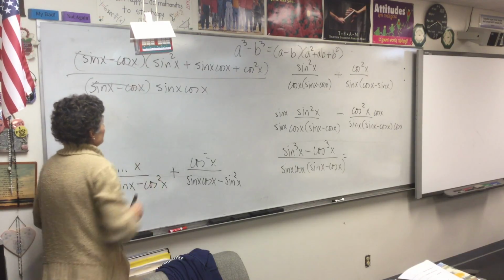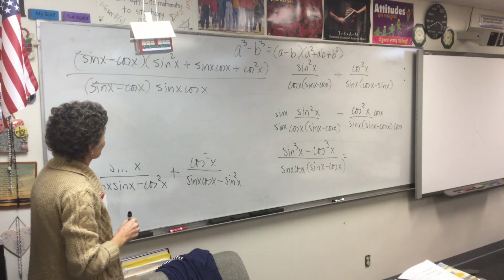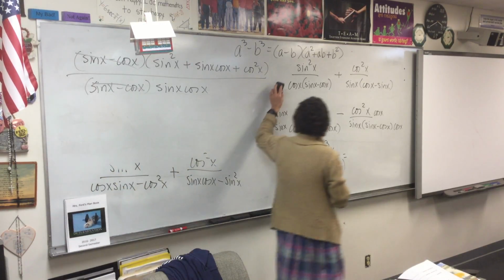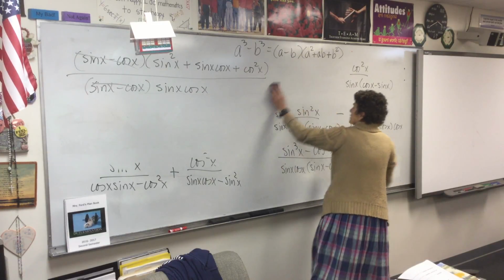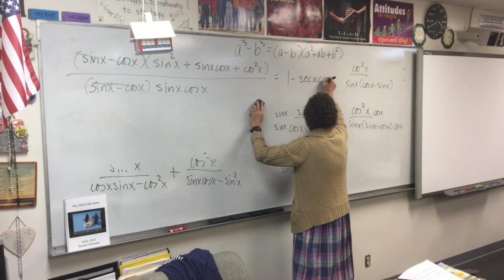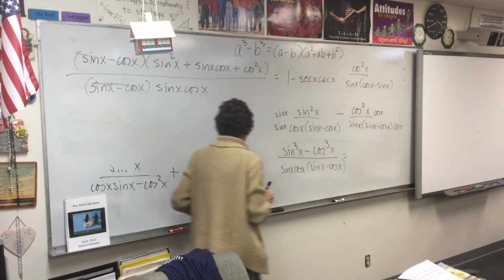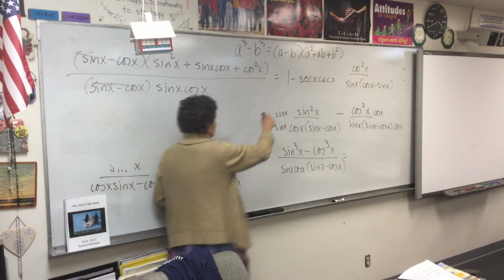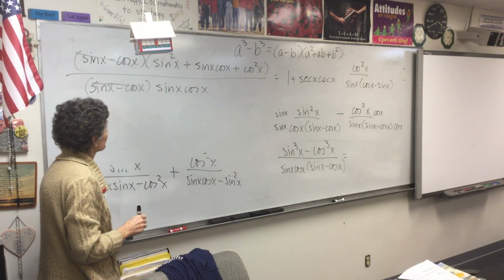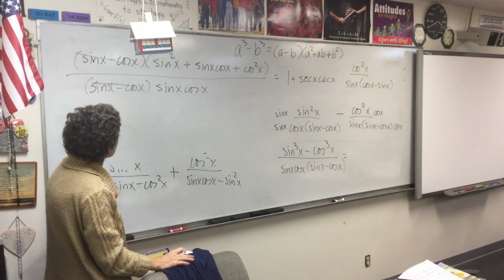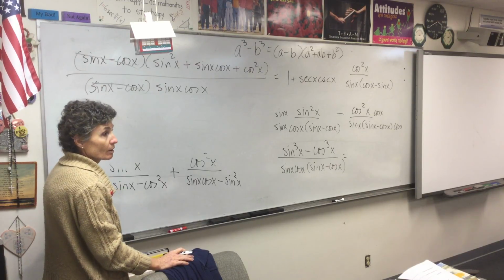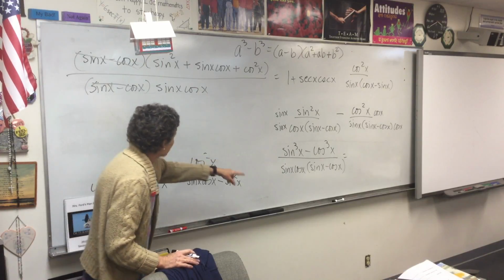These will cancel. I was trying to end up with 1 plus secant cosecant, right? That's what I'm going to end up with. We went from down here. I factored.